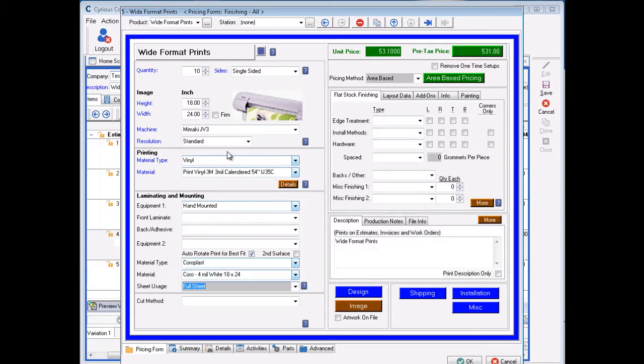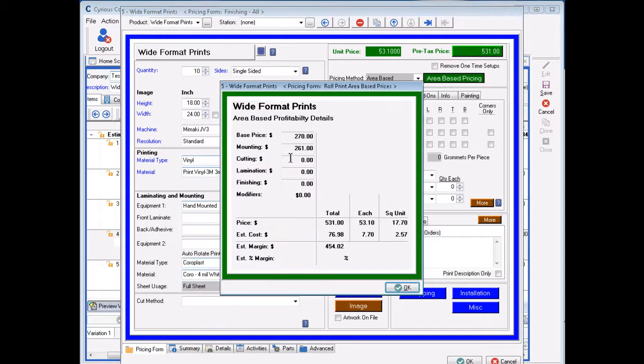Now in this scenario, since we're printing to vinyl as well as mounting, you'll notice under area-based pricing we have a price reflected for both.